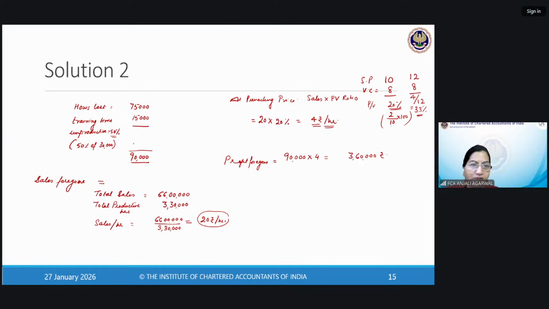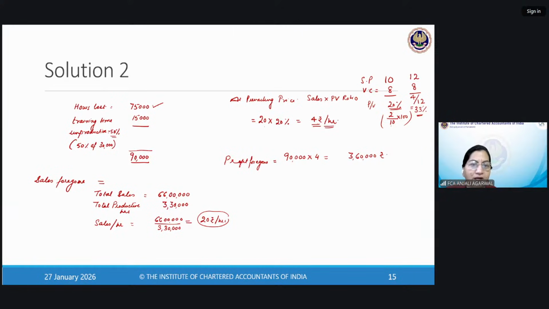So if the workers had worked for these hours also, and whatever they had produced could have been sold at the existing prevailing price, you could have generated additional sales of 75,000 into 20, that is 15 lakhs, and 20% of that would have been 3 lakhs.